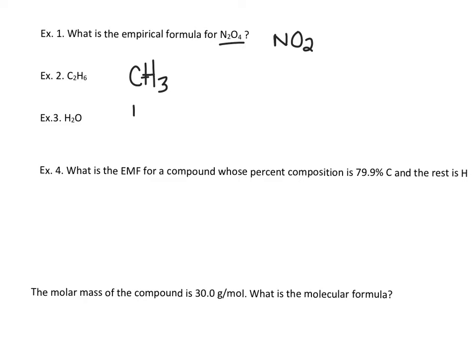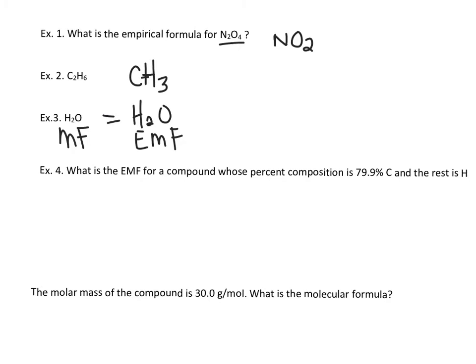So in this case, the empirical formula is the same as the molecular formula. So sometimes you can reduce the molecular formula to an empirical formula, and sometimes you can't. In that case, the molecular formula is equal to the empirical formula.